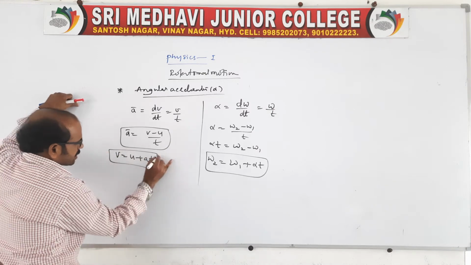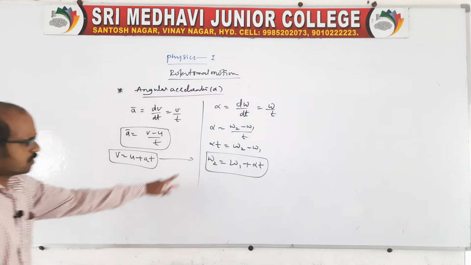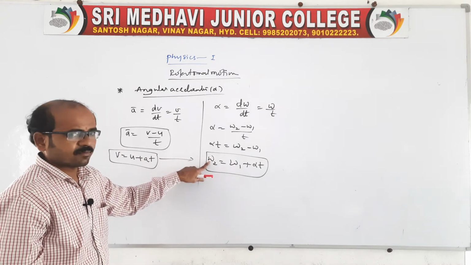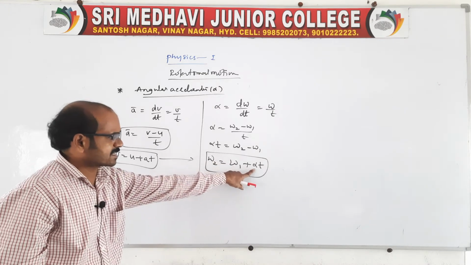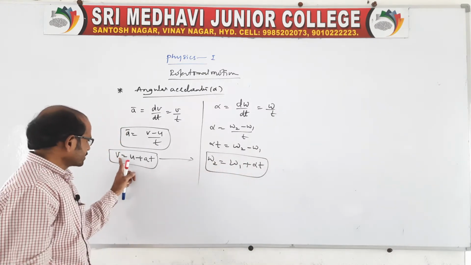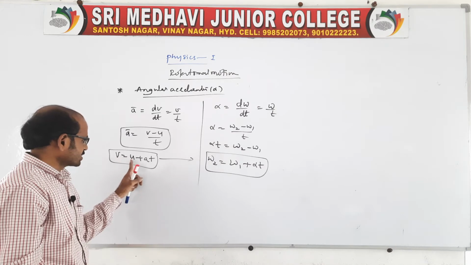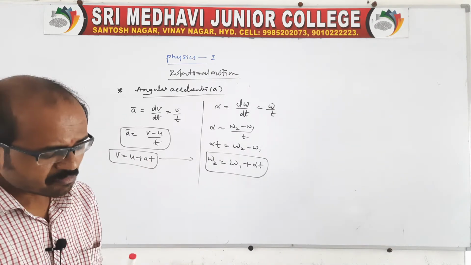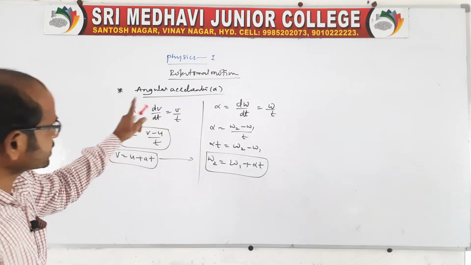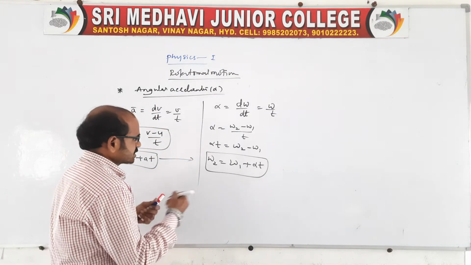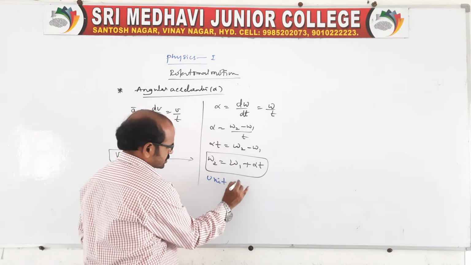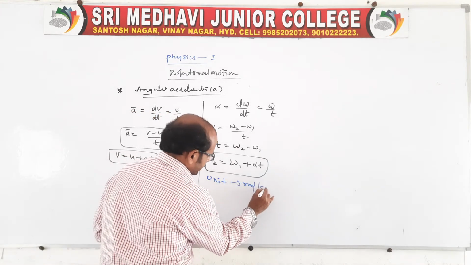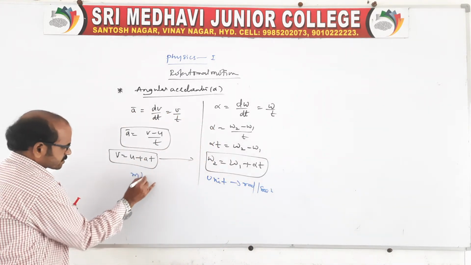This is the comparison between these two. Omega 2 is the final angular velocity, omega 1 is the initial angular velocity, and alpha is the angular acceleration. The unit is radians per second square, while here we write meter per second square, compare this.